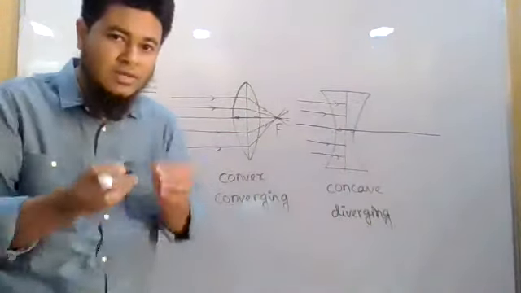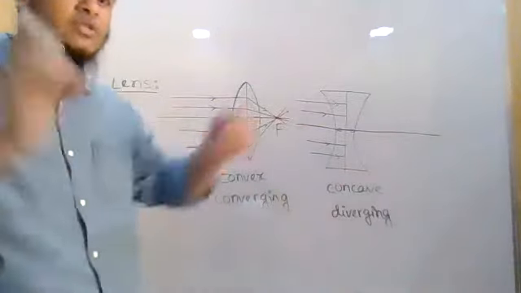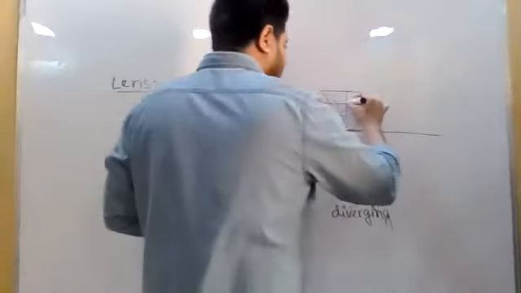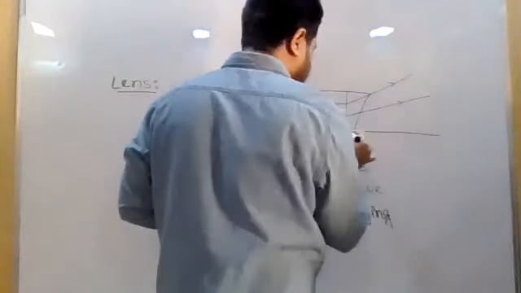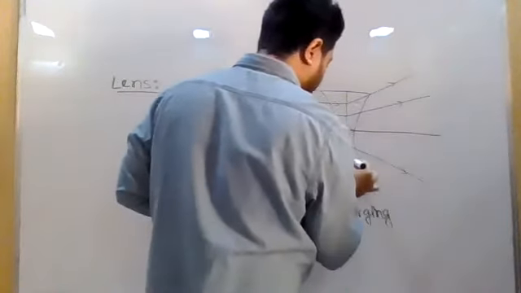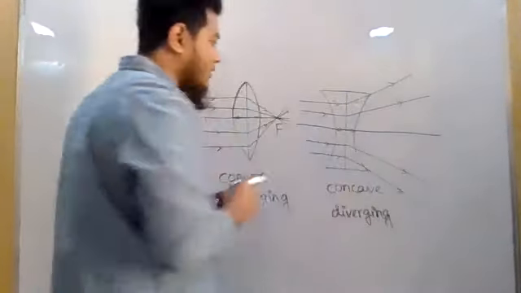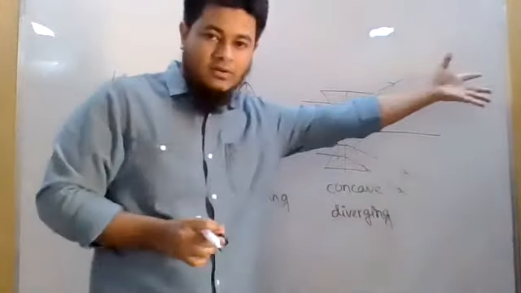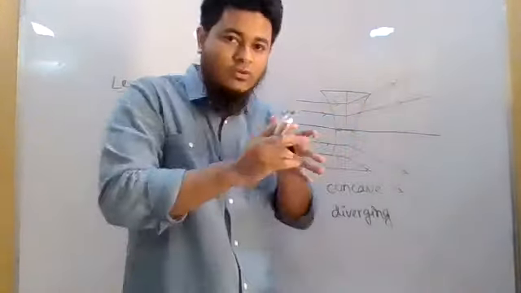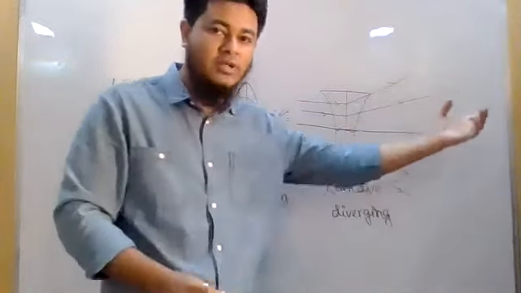Diverging means they will get away from each other, right? So they will get away from each other. They will diverge. Now, will they meet anywhere in the future? As they are going away from each other, they will never meet, right?